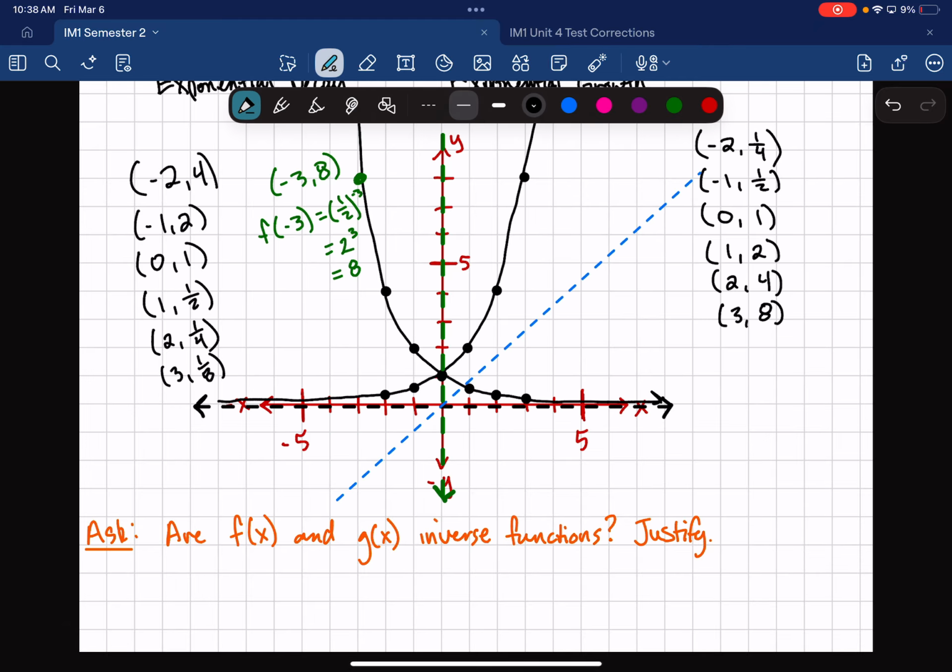What did we do yesterday to show that two functions were inverses? No. But I just was talking about 60 seconds ago. Remember yesterday we took these functions and we plugged one into the other.